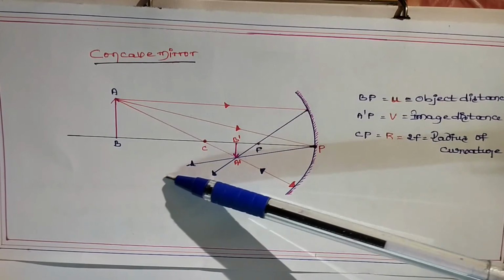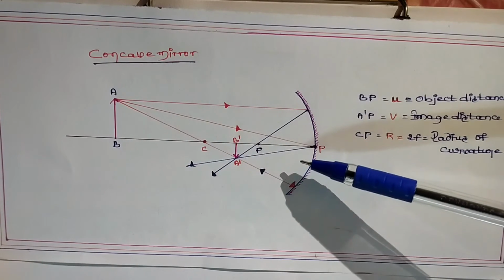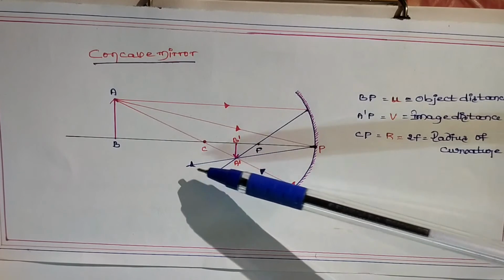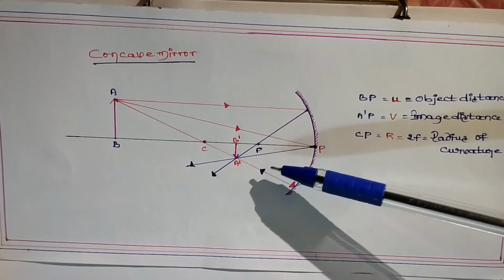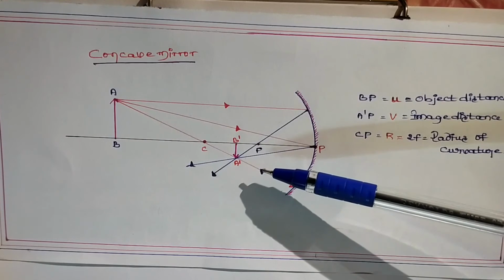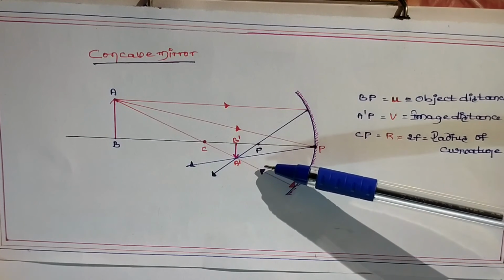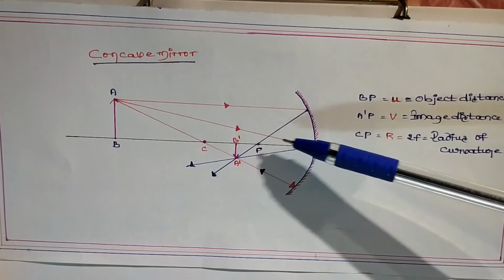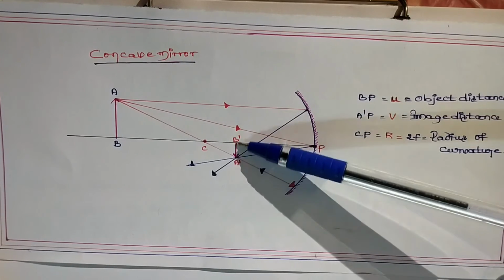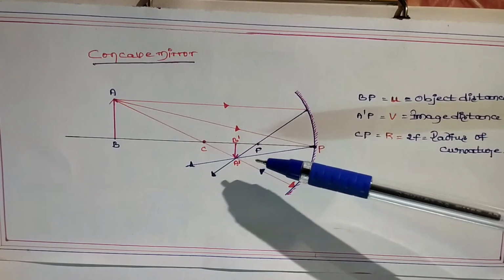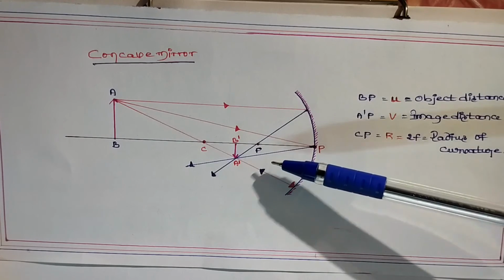Here the incident ray direction is like this, and we are measuring backward, that is, opposite to the incident ray. That is why we take the object distance as negative, and the image distance on the left from the pole is taken as minus v. In front of the mirror only we are getting the image, that's why the distance from pole to image also we have to take as negative.